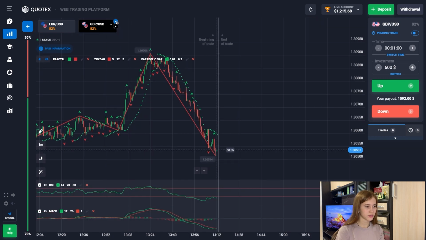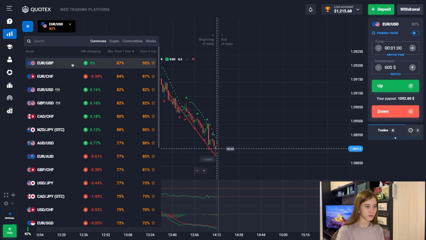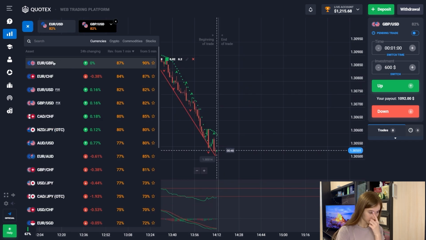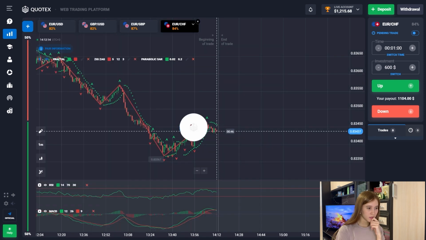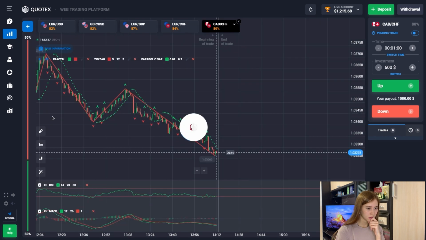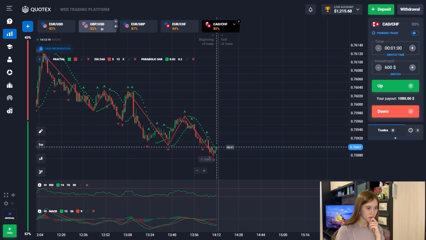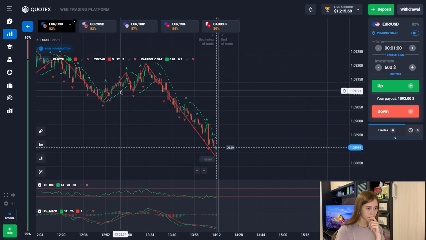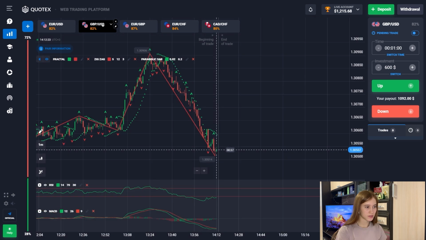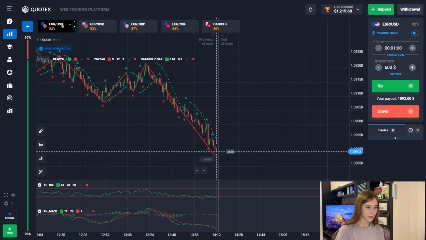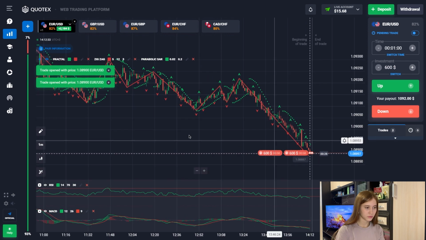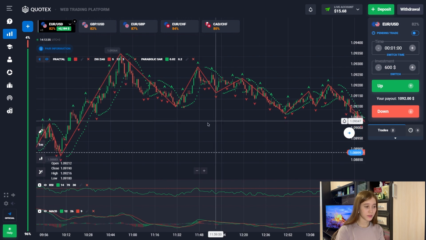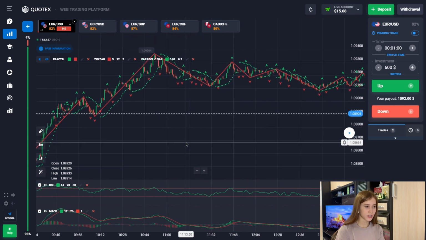Let's close these unnecessary currency pairs with small percentages, because let's put in new ones. I'm more confident that we'll not have a reaction to this movement.